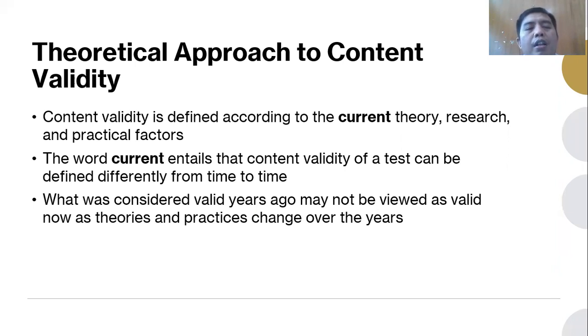I highlighted the word current, because it entails that the content validity of a test can be defined differently from time to time. I mean, what was considered valid years ago may not be viewed as valid now because theories and practices may change over the years.